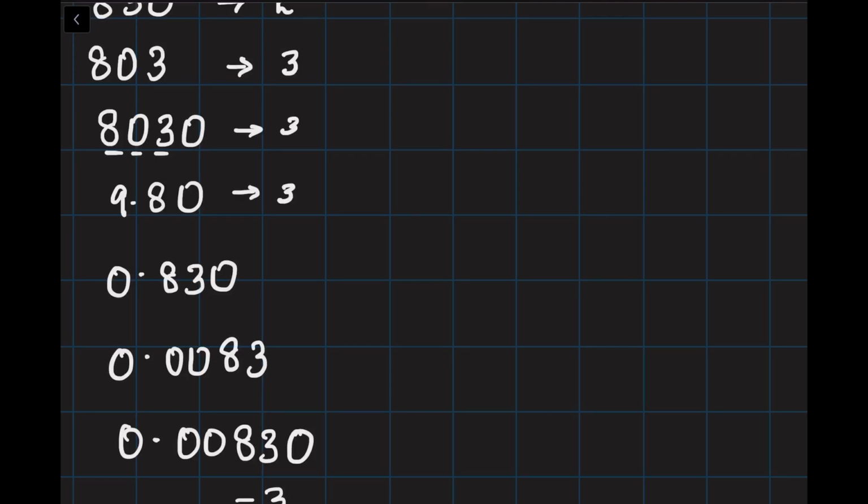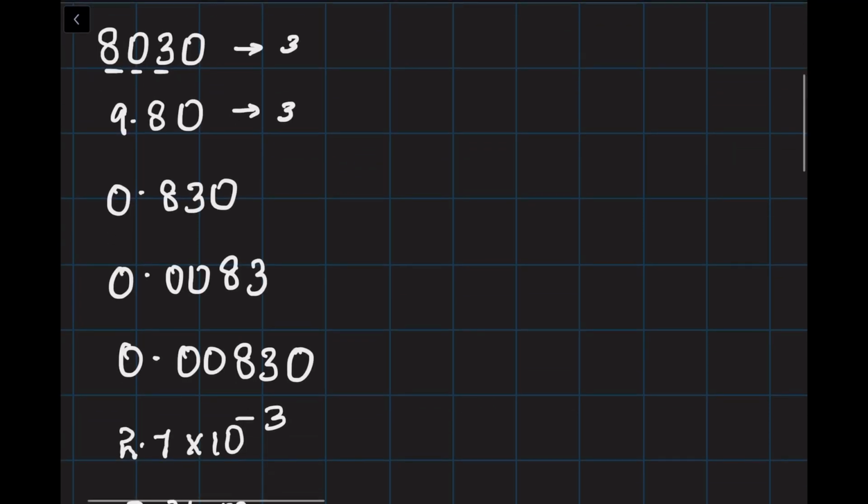According to the rule just set, in the number 0.830, this last zero will be significant, but the zeros towards the left of the decimal number are not significant. So the starting zero is not significant, which means we have only 3 significant numbers, and the answer is again 3.